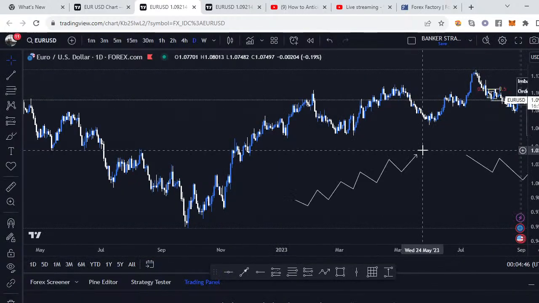That's the chart that we're always going to use, until we get to the metals and indices and stocks, because what I'm teaching you here also works with stocks.